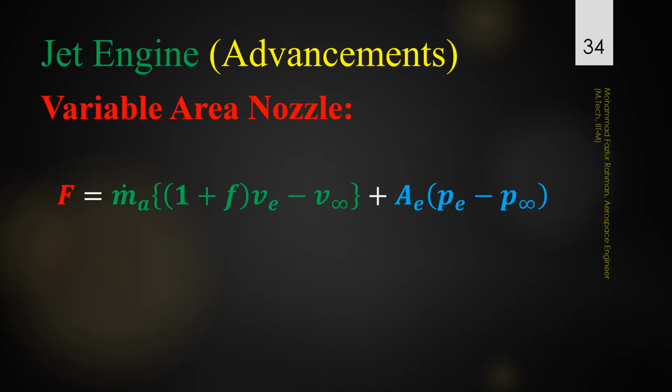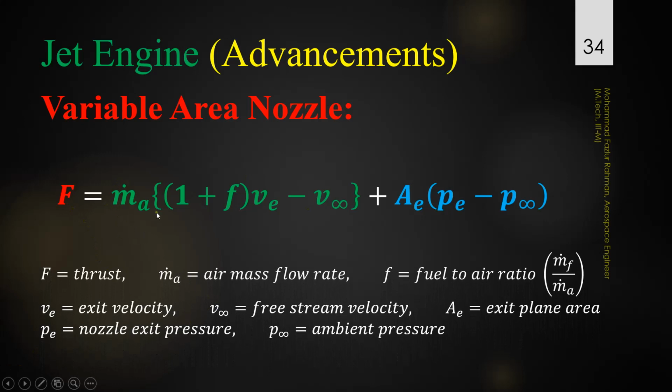We have the thrust available here. F is the thrust, and this is the mass flow rate of the air, and f is the fuel to air ratio, the mass flow rate of the fuel to the mass flow of air, and V is the exit velocity, and V infinity is the velocity with which the vehicle is moving, or the same velocity with which the engine is moving, so we have the free stream velocity.